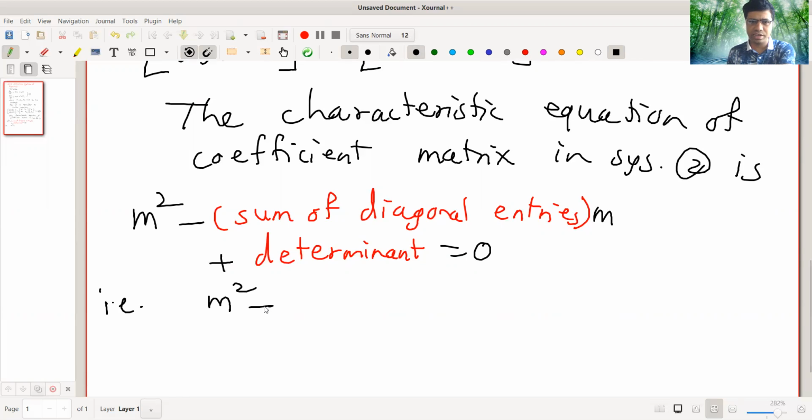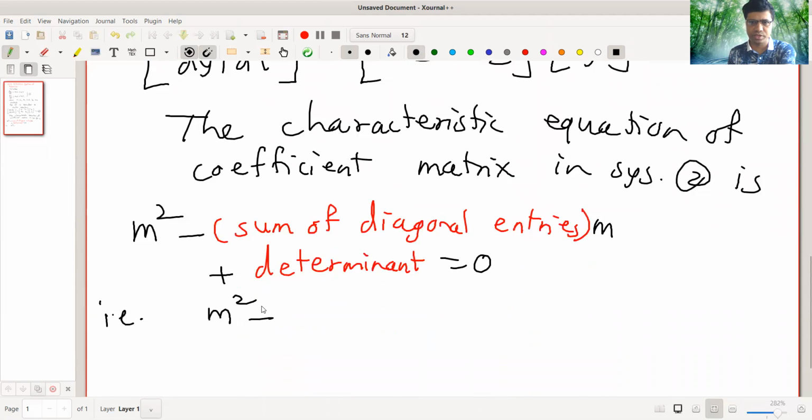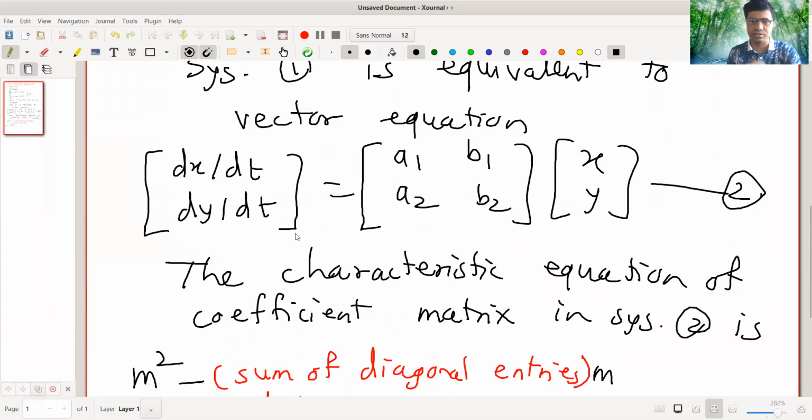It is also called as a trace of matrix. Okay, so here trace is a1 plus b2. These are diagonal entries. Okay, so sum is called as trace.